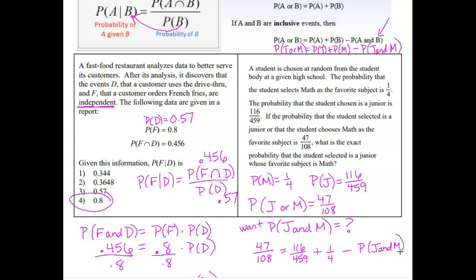We've got 47 over 108, and we're going to subtract all of those on the calculator. I'll show what I put in.